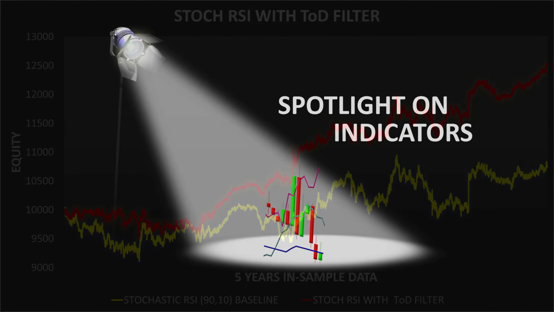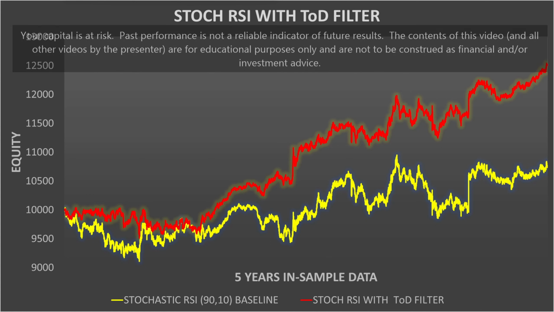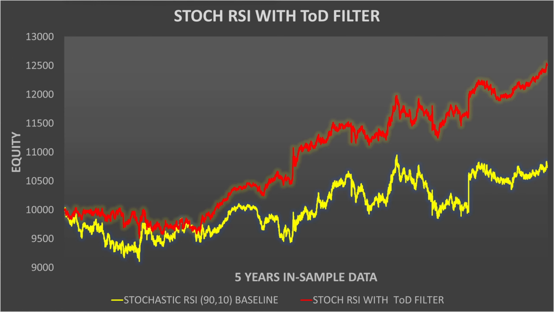So, in the last episode, I explained how the use of a time of day filter, when implemented properly, can significantly increase the performance of trading strategies. Now, the strategy that I performed this analysis on was the Stochastic RSI overbought oversold strategy. And once again, if you're just joining us for the first time, then you can find out more about that in those previous episodes.